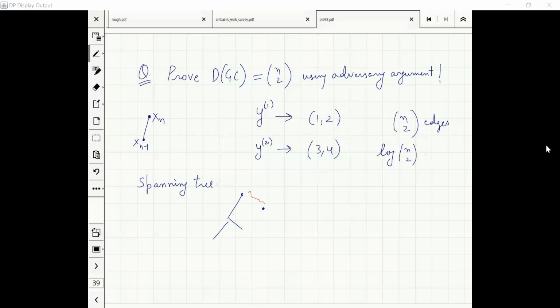But again, this is not an argument because you are constructing a particular input, right? And then there could be a decision tree which would ask this red edge at the first instance. But your idea is correct. You want to keep answering so that finally I have a figure like this, where there is a spanning tree, there is one edge remaining, and depending on whether I assign that edge 0 or 1, my graph will become connected or disconnected.